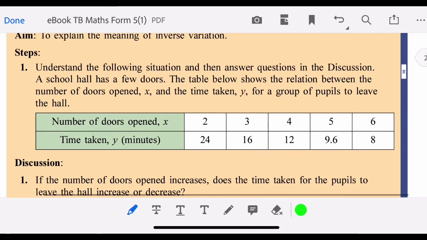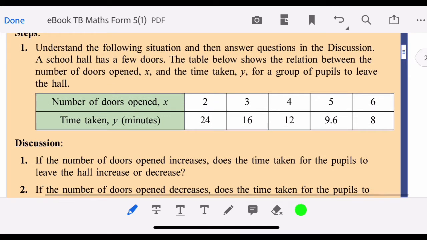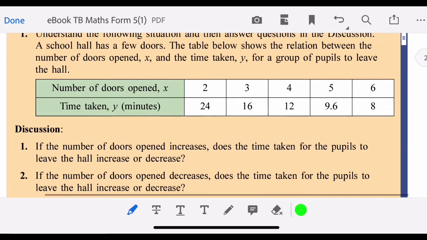Understand the following situation and then answer the questions in the discussion. A school hall has a few doors. The table below shows a relation between the number of doors open and the time taken for a group of pupils to leave the hall.